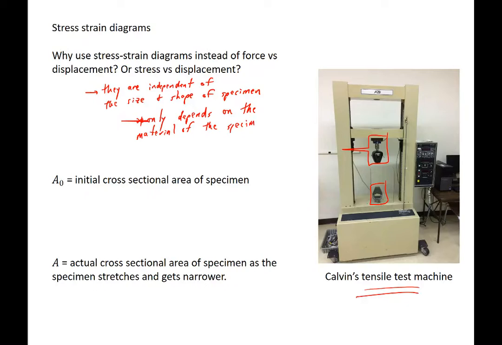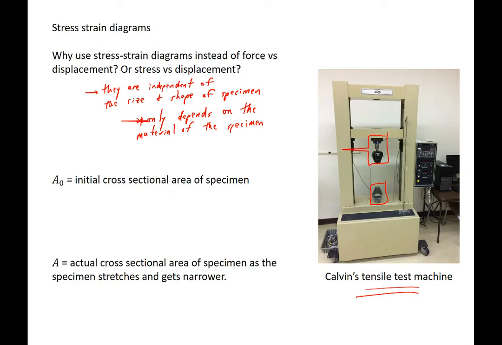But if we instead have a stress versus strain, we're basically dividing out anything that would be related to the size and shape. So we can use it for any size and shape because the stress strain diagram only depends on the material.